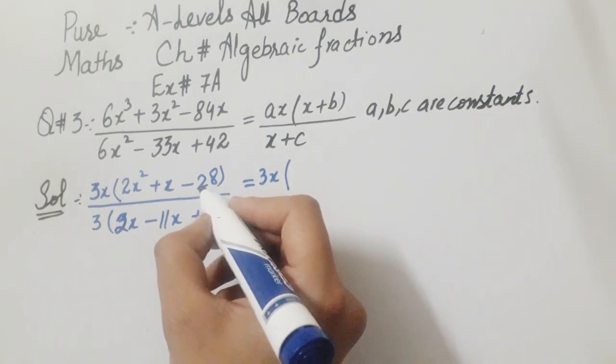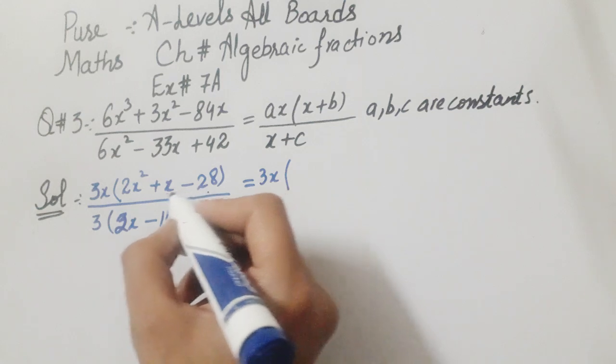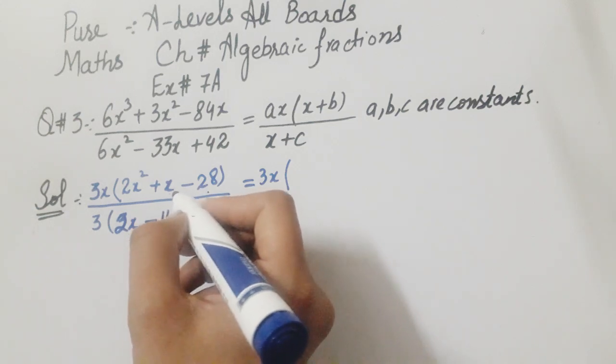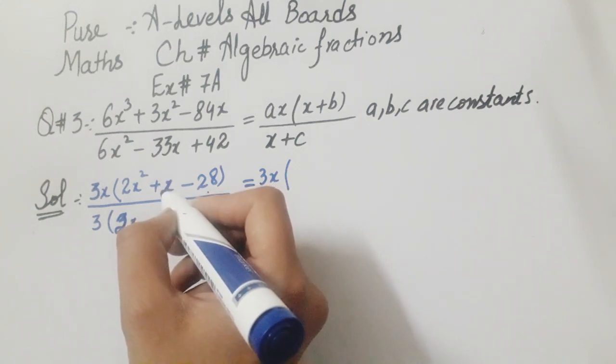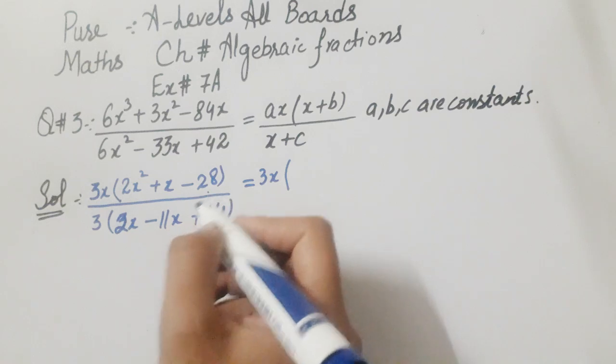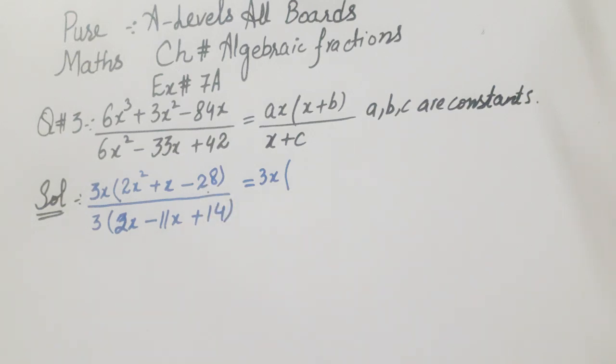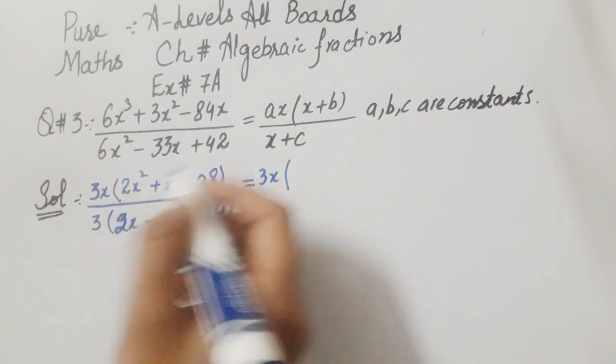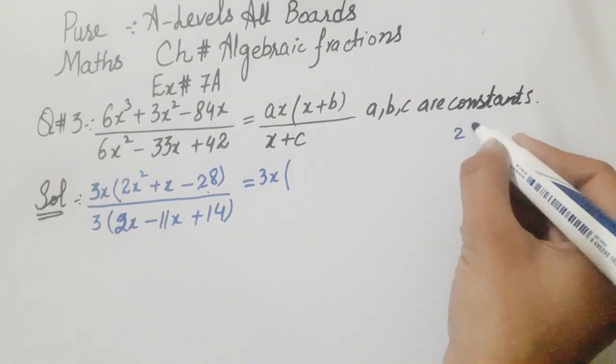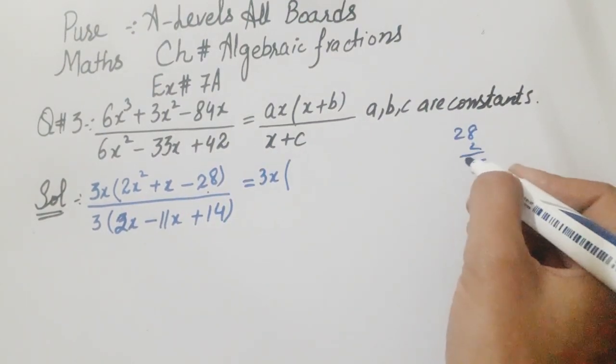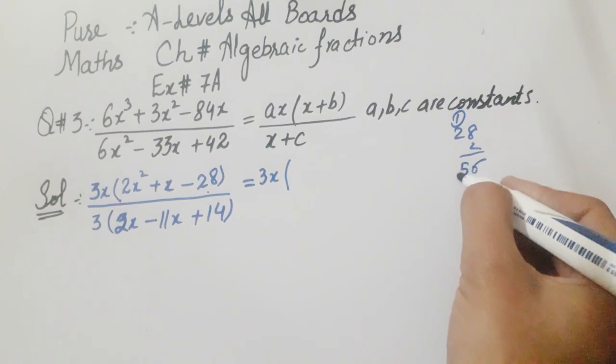Now make the factors of this such that when you multiply you get 28 and when you subtract you get x. So the factors... 28 into 2 is 56.